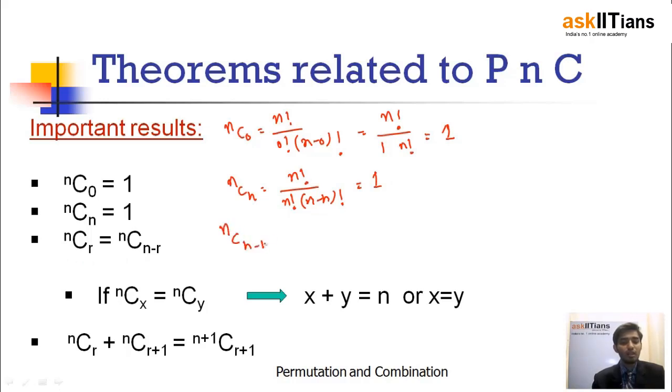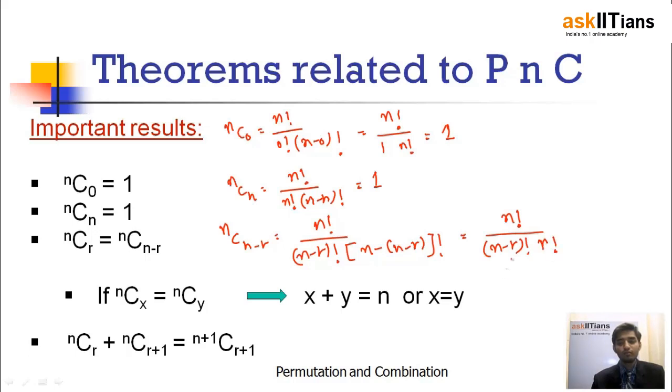nCR is equal to nC(n minus R). So nC(n minus R) will be basically n factorial divided by n minus R factorial into the difference of both of these, which will be n minus (n minus R) factorial, that is R factorial. So this is again equal to nCR.